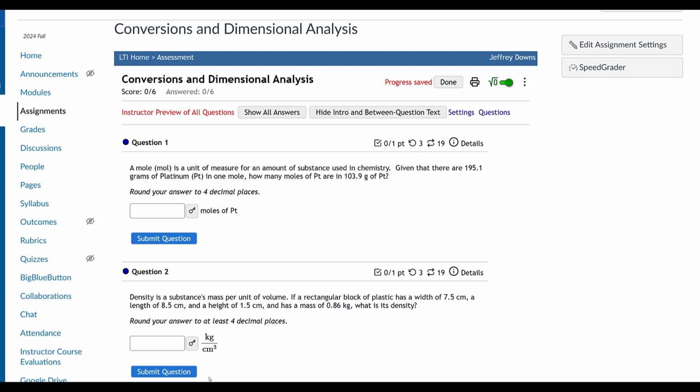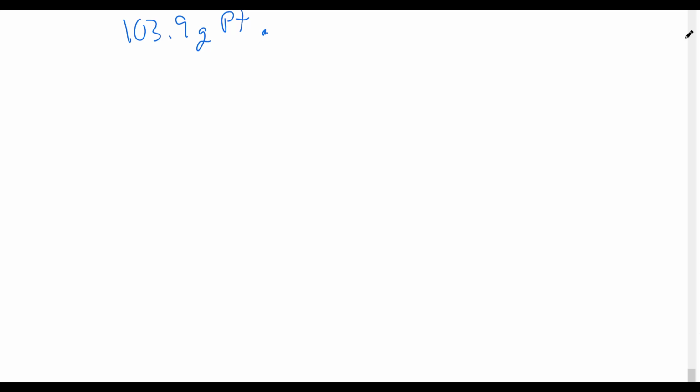So for that, I'll go over to my workspace. It's 103.9 grams of platinum, and we want it in terms of moles. So 1 mole is 195.1 grams of platinum. So it's 1 mole per 195.1 grams.